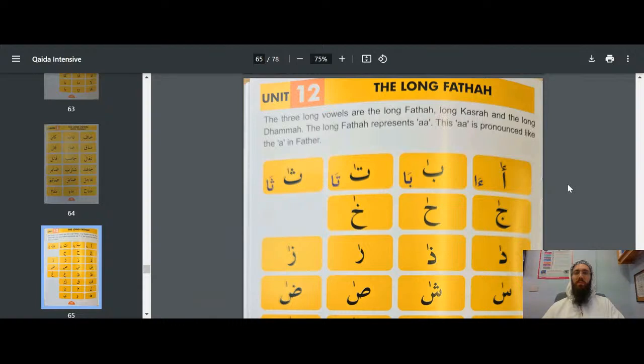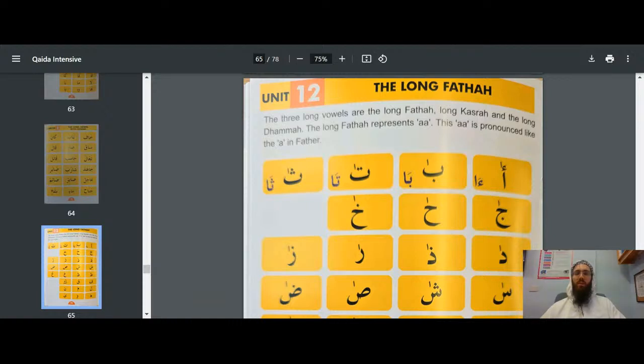Now, this is a long fatha, and we'll see it in certain words, especially in the Quran, when you have an active participle, and also certain words like Ibrahim or Rahman.